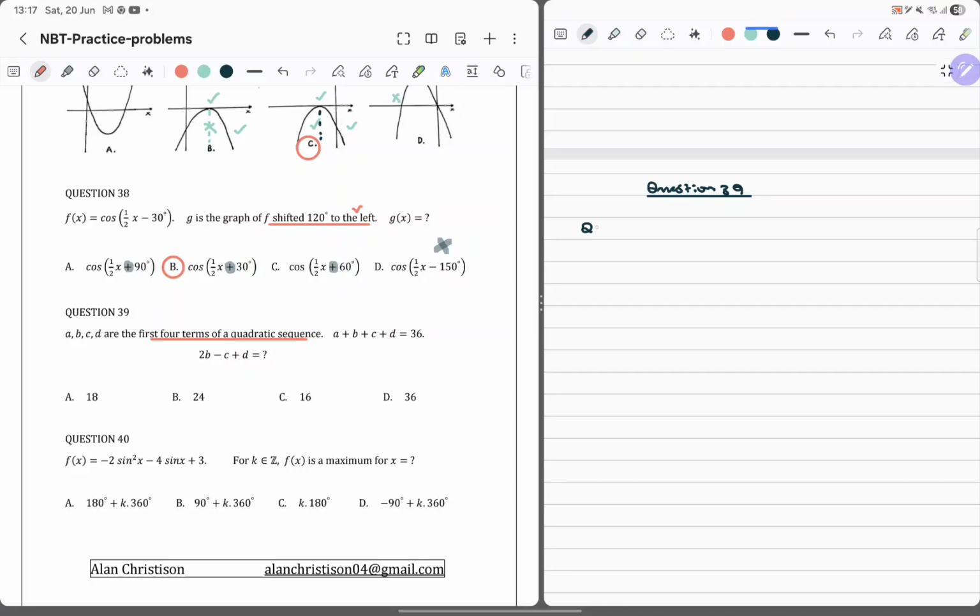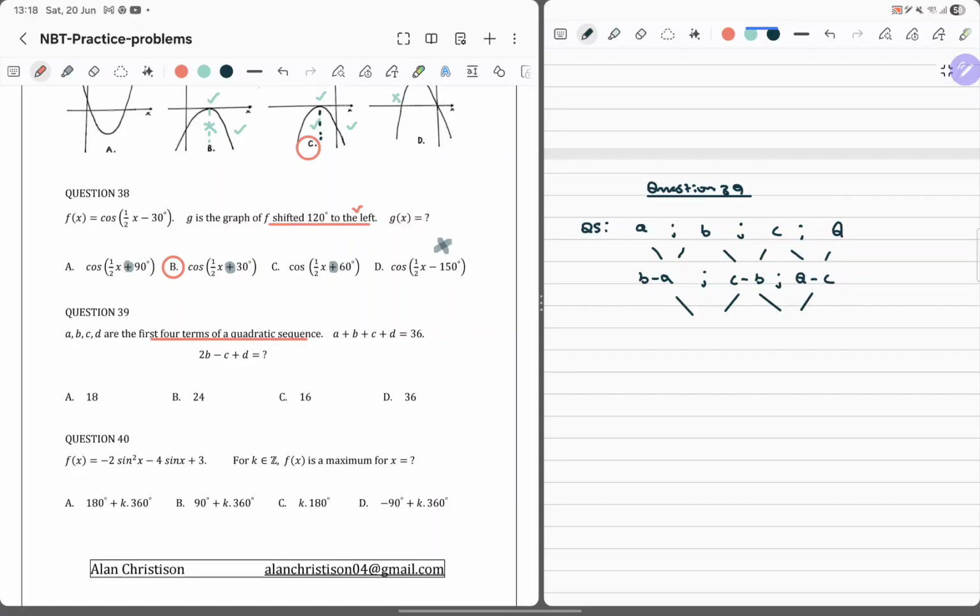So we know that there's a sequence of first differences: B minus A, C minus B, D minus C. And we know that the difference between these is constant, right?